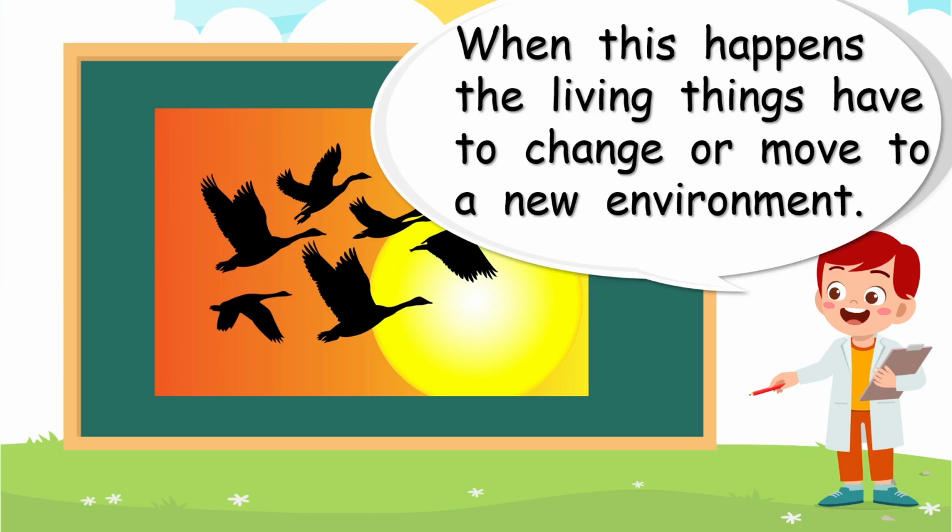When this happens, the living things have to change or move to a new environment. They can't stay in an environment that is not good for them. They have to change or move.